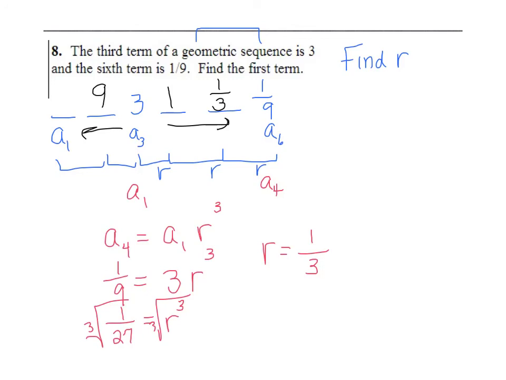So this would be 9, and then times 3 would be 27. So the answer to the question is a sub 1 is 27. So you can use this technique where you can show up anywhere in the sequence and start at a sub 1, go to a sub 4, anywhere in the sequence. And then once you have r, you can just work backwards until you get it.